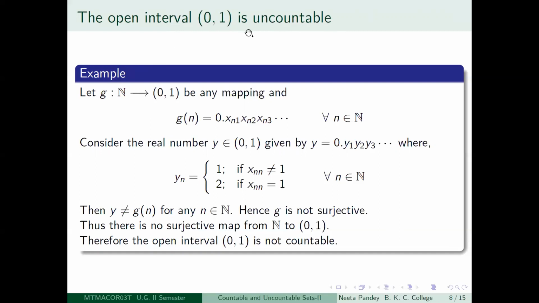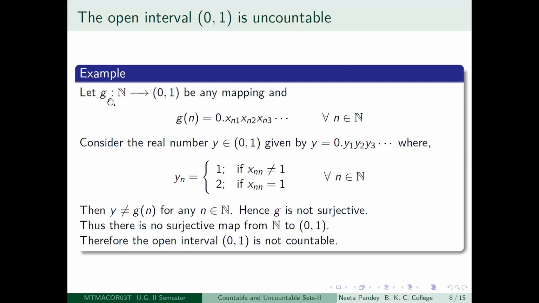So therefore this is an infinite set, and we want to say that it is not countably infinite. So we will just say that there is no surjective mapping, that is the characterization, from the set of positive integers to the open interval (0, 1). So how will you show that?